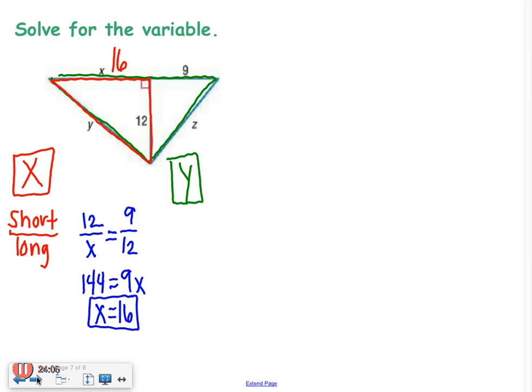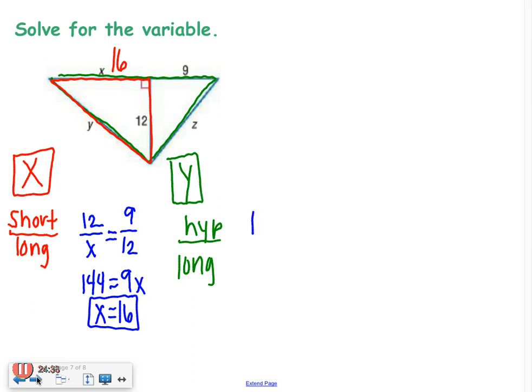So if you have a hard time figuring out how to write your proportion on y, you gotta think, on this left little triangle, what leg is y? Short, long, or hypotenuse? Hypotenuse. I know I have to use the hypotenuse, and then you gotta look on the big picture, what leg is y on the big triangle? The long side. So now when you write your proportion, you have to use the hypotenuse and the long.